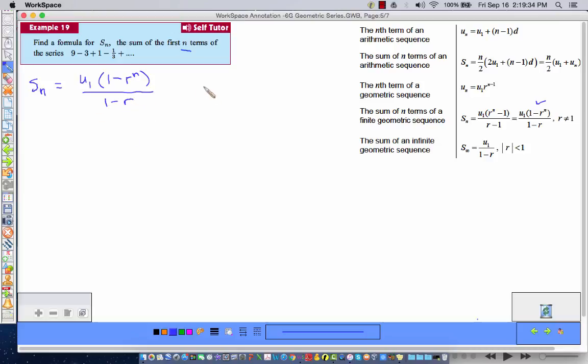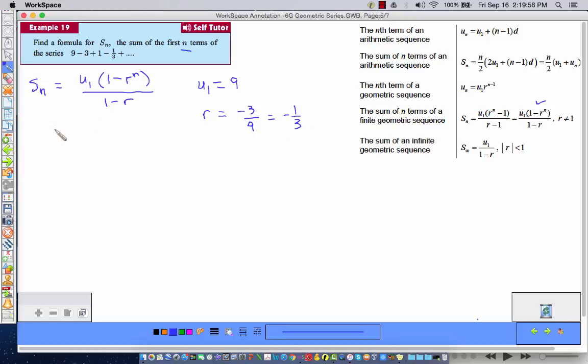Okay, so all we need is u sub 1, which is equal to 9, and the common ratio, which would be the ratio of a term compared to its previous term. So r is negative 3 over 9, which is negative 1/3. So this is very, very simple.